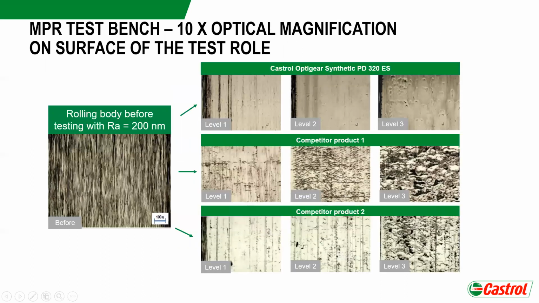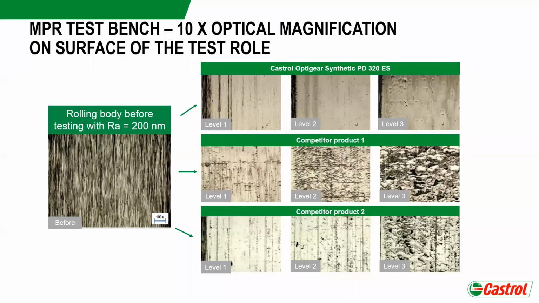To give you an even better image, we have recorded the surface with a microscope. You can see the scale on the screen. So the area that is shown in the lower right corner of the left-hand picture is roughly 100 microns. The surface roughness is roughly 200 nanometers originally, and then you put the test through 3 load stages with increasing loads between each stage.